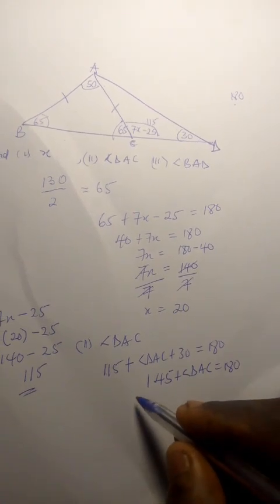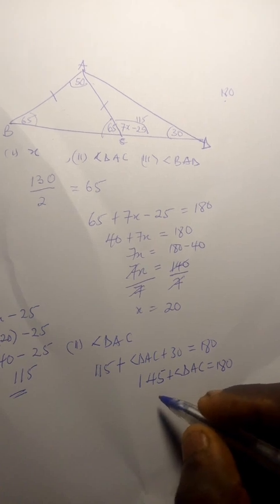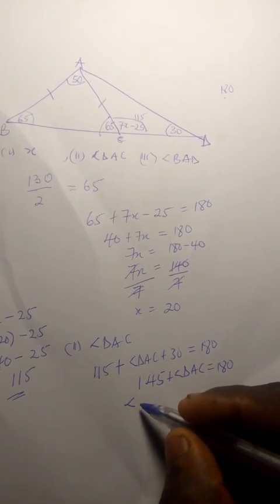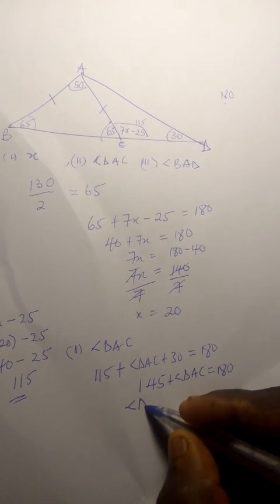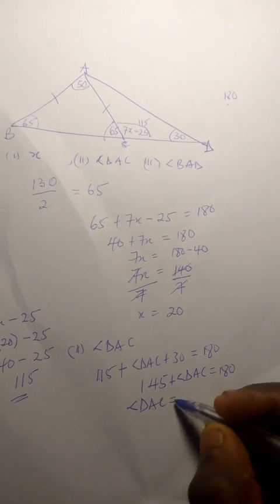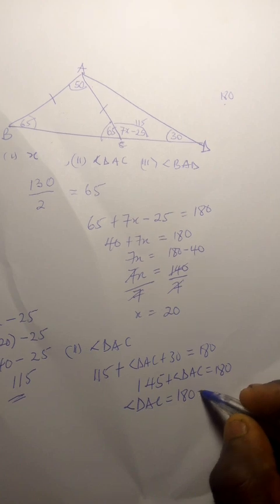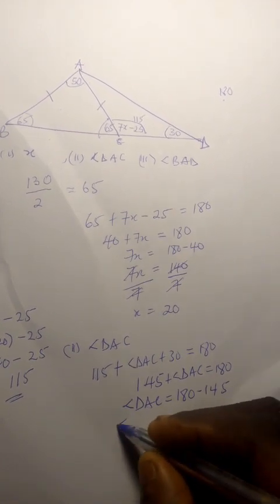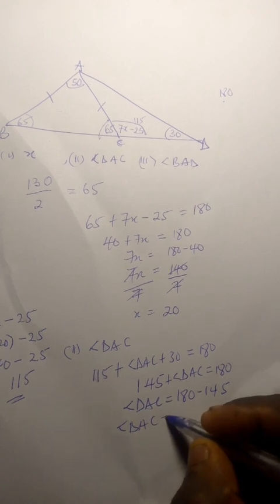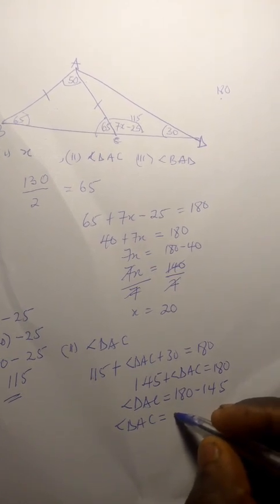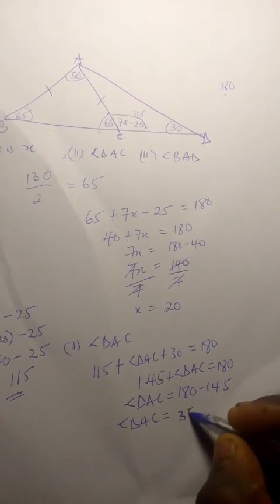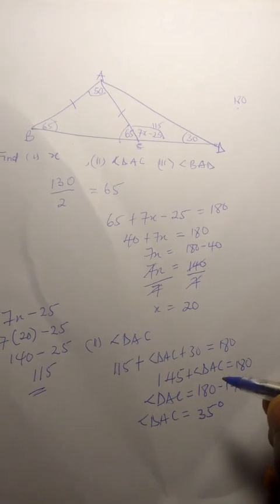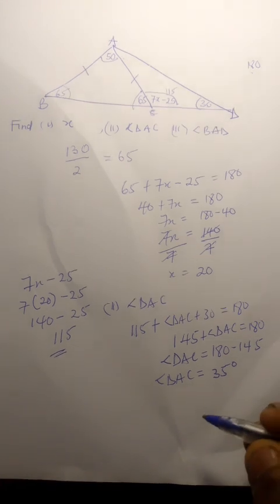So from there you can see that when you subtract the 145 from 180, then angle DAC is going to be 180 minus 145, and you will get DAC is equal to 35 degrees. So from here you can see that you have gotten the angle.